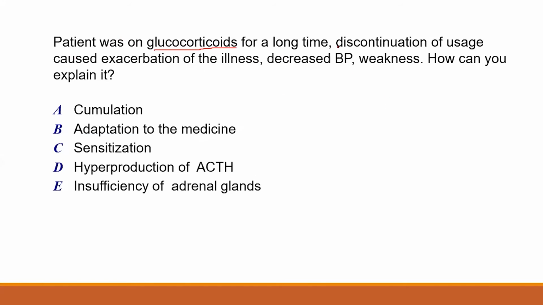Now, discontinuation. Look at the question. Discontinuation means the person stopped using the medication. Discontinuation of usage causes exacerbation of the illness, which decreases blood pressure, weakness. How can you explain this?